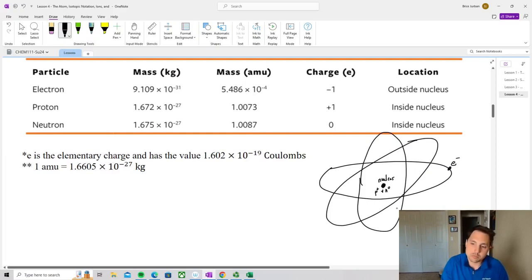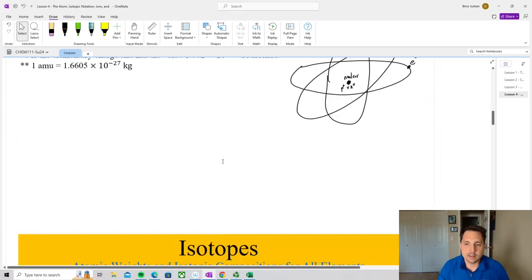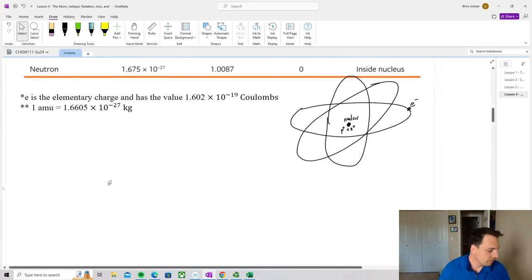The electrons are much smaller than the protons and neutrons, and they orbit this nucleus in a way, kind of like planets orbit the sun. We'll learn why this isn't quite correct, but that's the standard diagram you've seen.